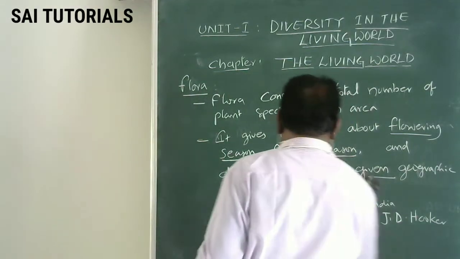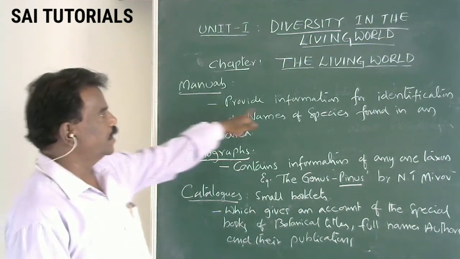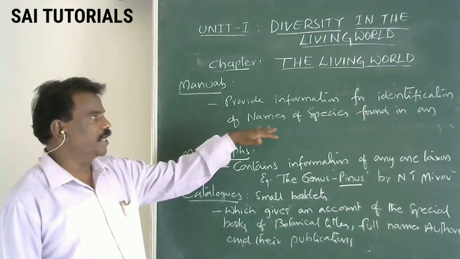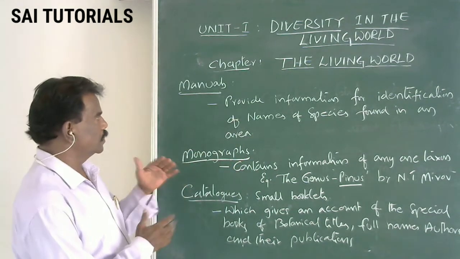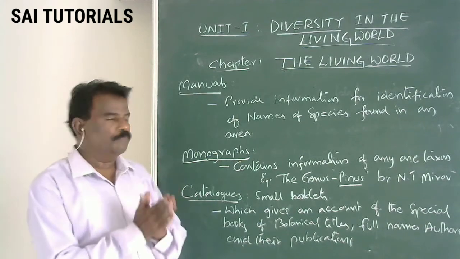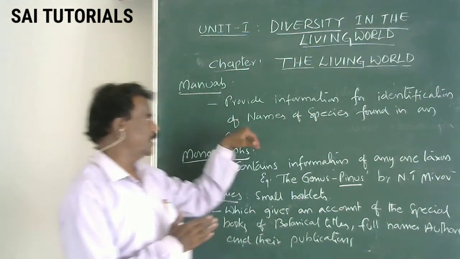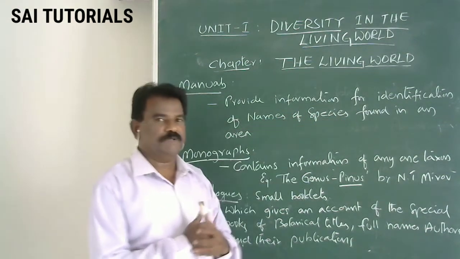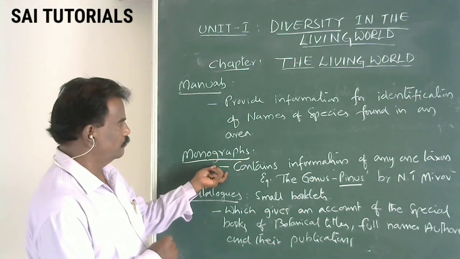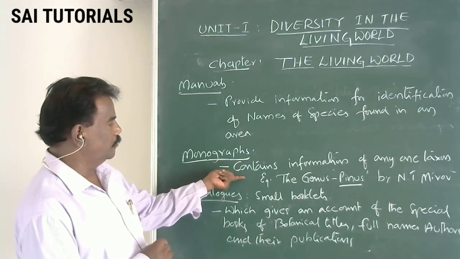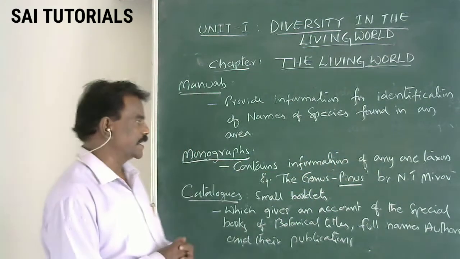Next, taxonomic tools: manuals. Manuals are small pamphlet-like structures that provide information for identification of the names of species found in an area. Monographs are also small booklets that contain information on any one taxon.